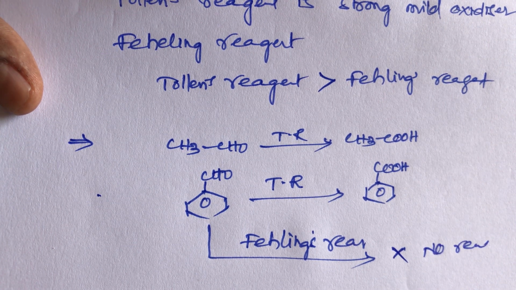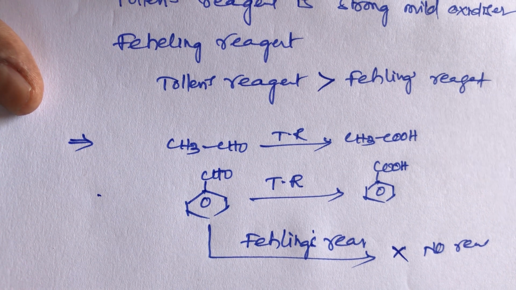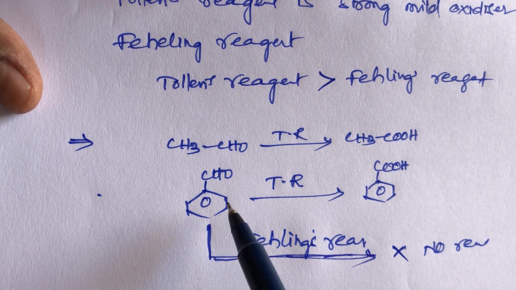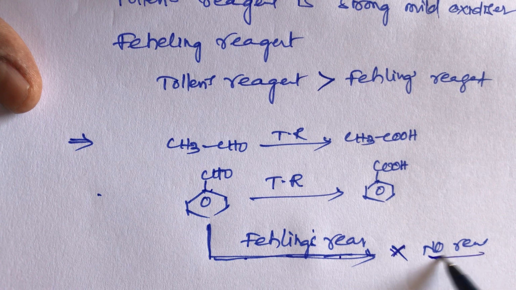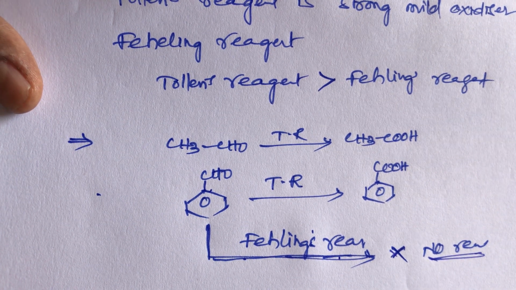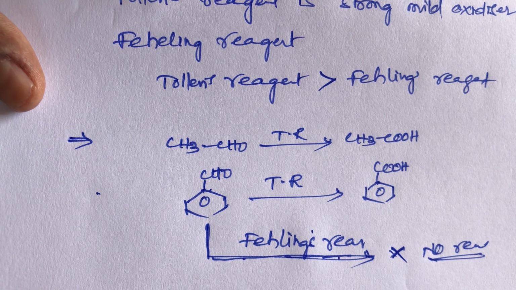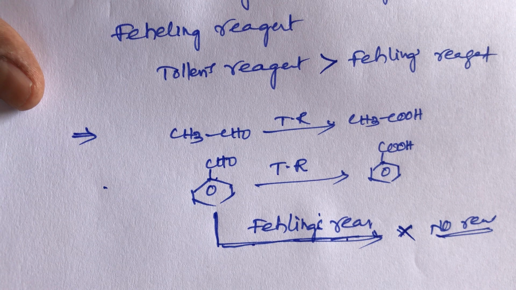Fehling's reagent can oxidize only aliphatic aldehydes but cannot oxidize aromatic aldehydes. This is very important, students.